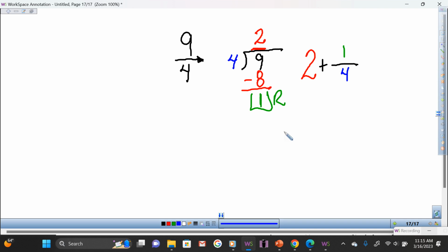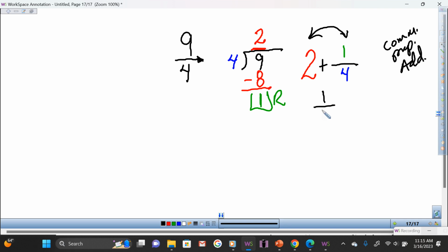However, according to the commutative property of addition, look up to the screen, I am able to switch these numbers around. So that means I can send this one to the end and this one to the front.